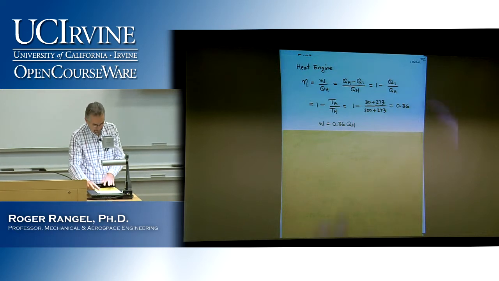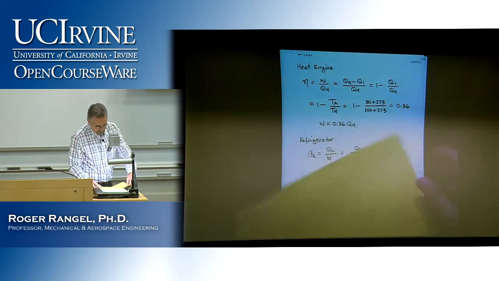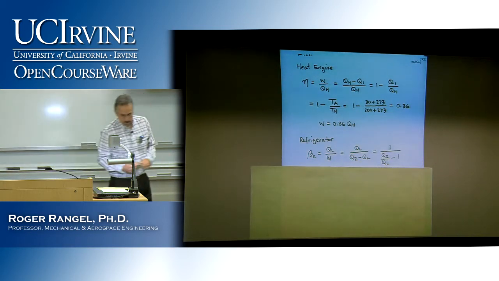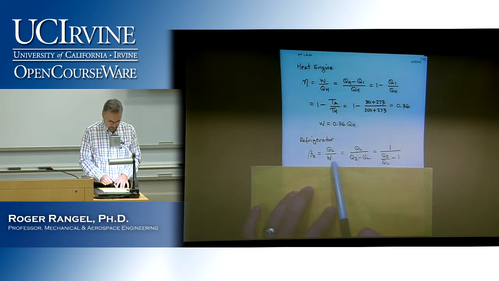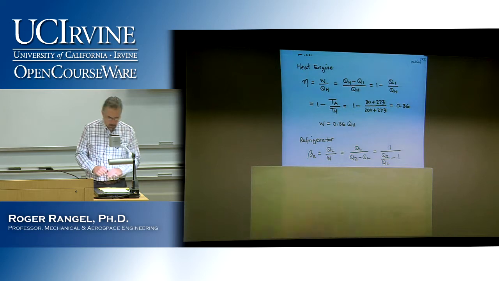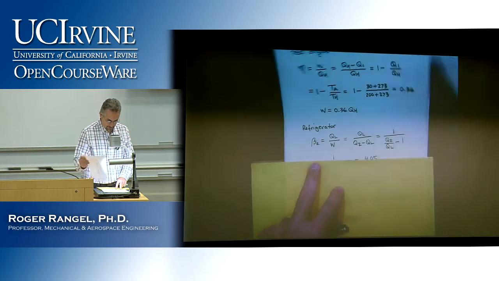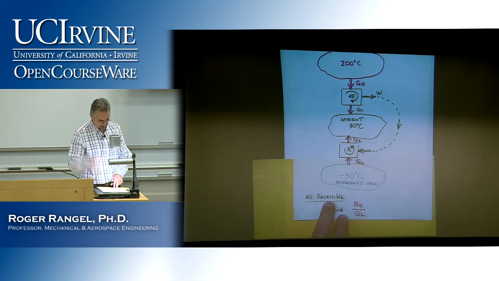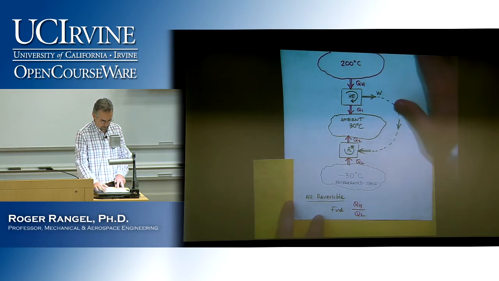Now I'll go to the refrigerator and do the same thing. The coefficient of performance of your refrigerator, beta sub R, is Q sub L over W by definition. Make the substitution that W is Q2 minus QL. Remember, Q2 is the heat rejected by the refrigerator. So Q2 minus QL has to be equal to this work that comes in.